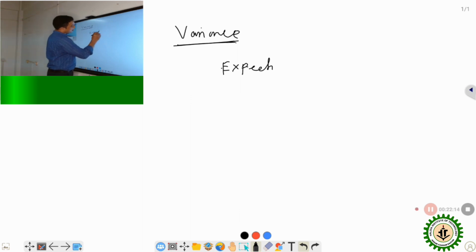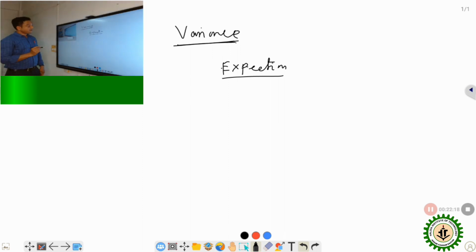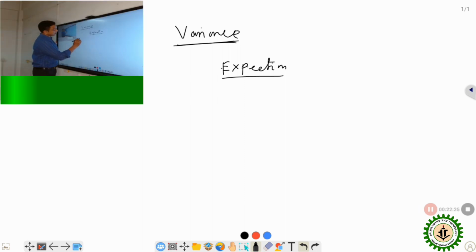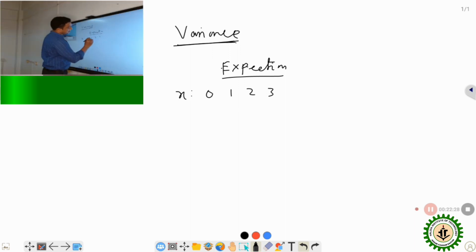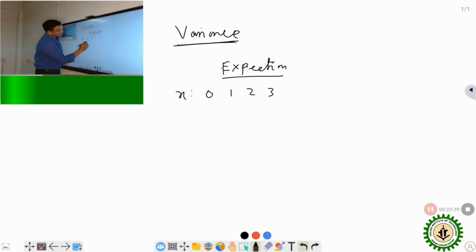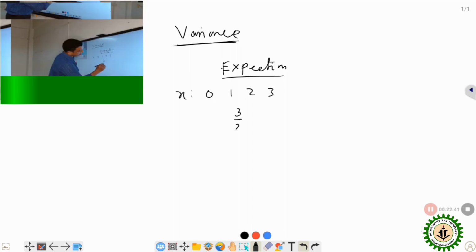Now, how can you calculate this one? Look at this. First of all, if you have the data, I am showing it by statistics, so I will remove the probability. The x values are given, let it be 0, 1, 2, and 3. If you need to find the average of them, I mean the expectation, then just add them. Total is 6 divided by 4 equals 3 by 2.